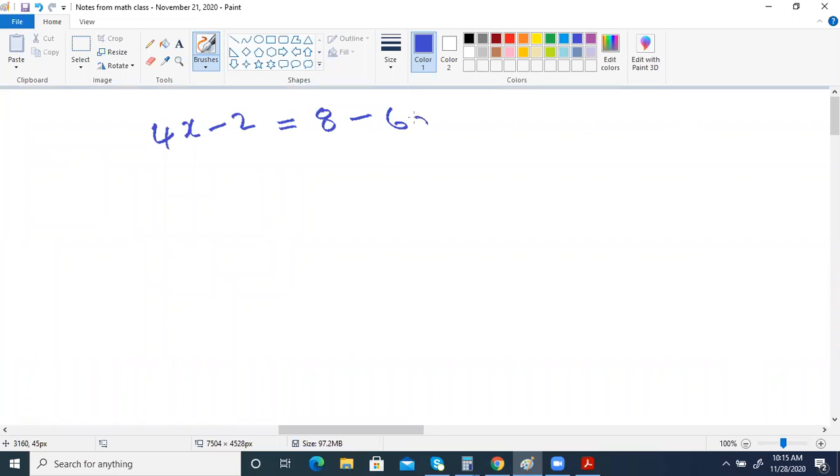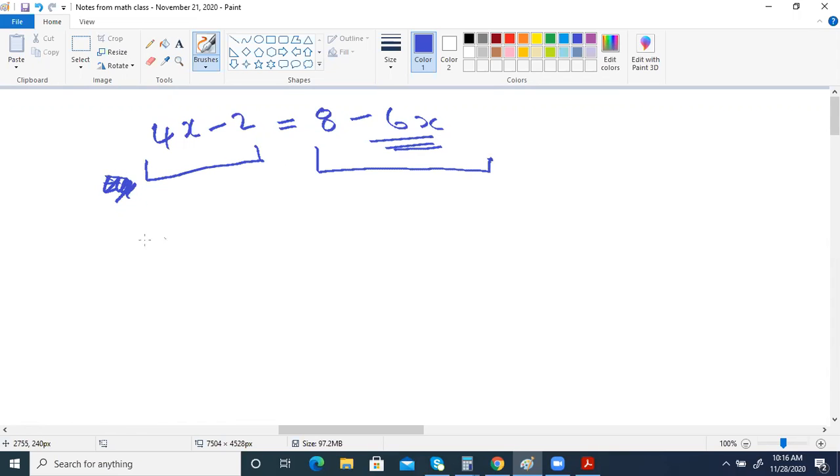So let's go again. You want the x's to be on one side. So we're choosing the left side consistently. So check this out. In order to remove this 6x from this side, we need to add 6x, because minus 6x plus 6x is 0. But if we add 6x to this side of the equation, then we need to add 6x to this side of the equation.